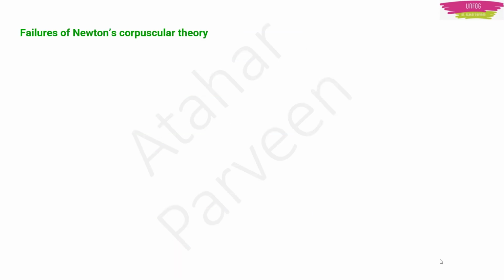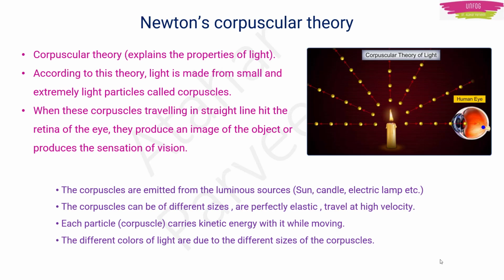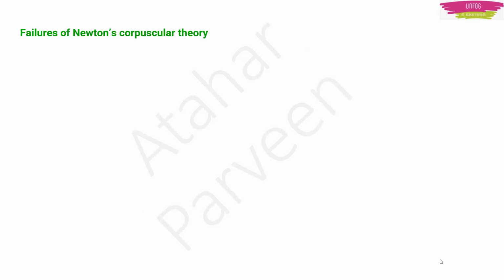But this theory had to fail. We know it because by now we have come to know from the assumptions that it is not possible that different colors of light are due to different sizes of corpuscles. There are many more things which Newton said in the corpuscular theory, and because of those things this theory failed.